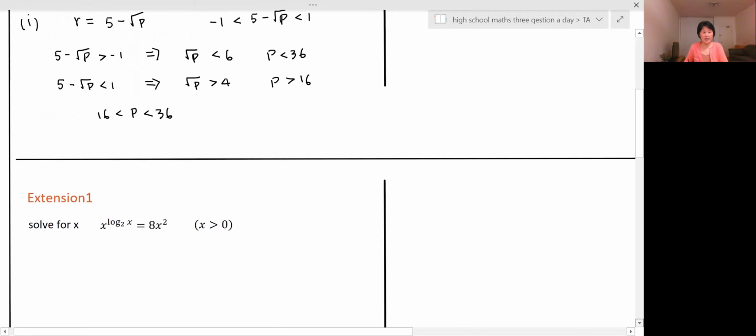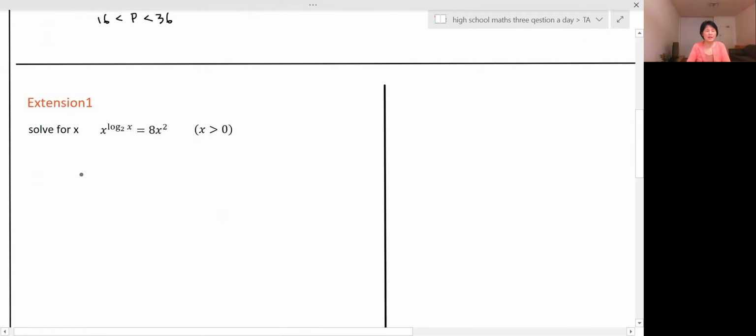Then we look at the second question, which is an extension 1 question. Solve for x. This one is x to the power of log base 2 of x equal to 8 times x squared.